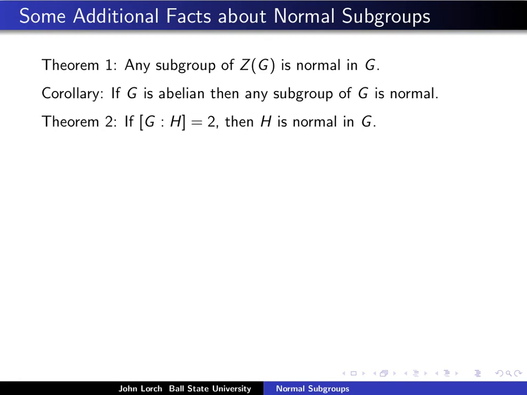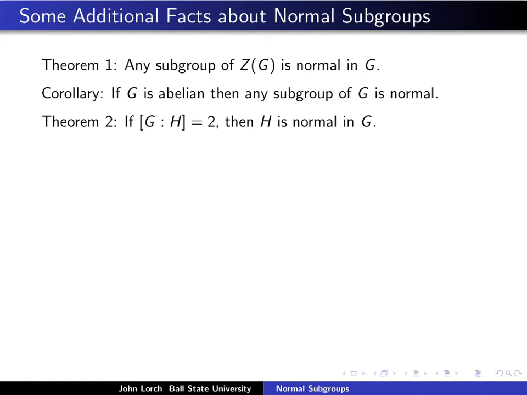So we finish this video with a couple of quick facts about normal subgroups. So first of all, any subgroup of the center of a group is going to be normal in the group. And that means that if G is abelian, then any subgroup of G is normal, as we discussed a couple of slides ago.